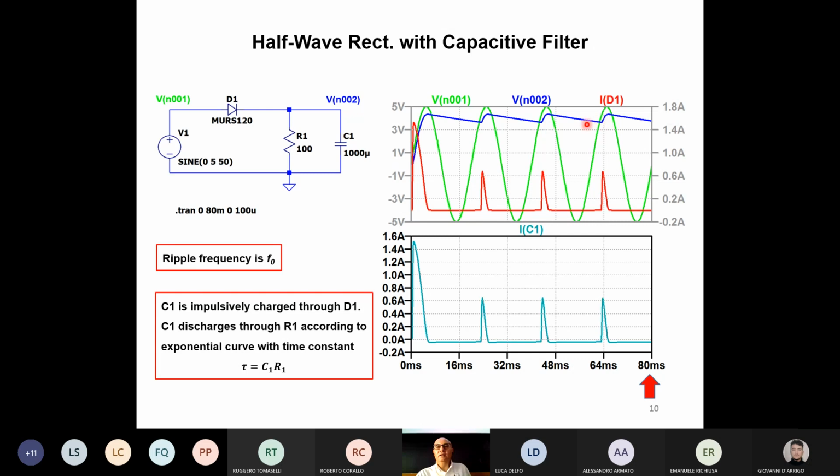While the currents in the diode and the capacitor are quite interesting. I could say that basically the shape of the current through the diode and through the capacitor is the same. The difference between the current in the diode and the current in the capacitor is the current in the resistor.